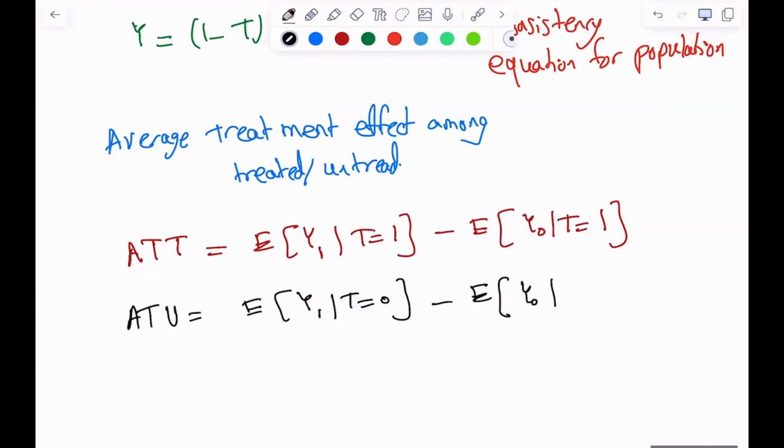So that's the average treatment effect for the people that are untreated, and this is for the treated. This is also very important terminology to remember in causal inference. This is one of the metrics that people also calculate.